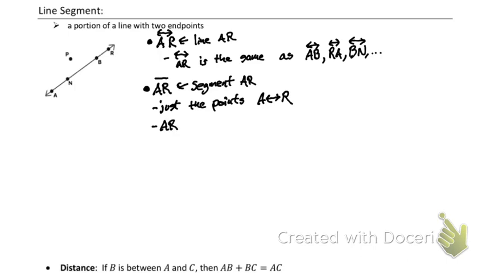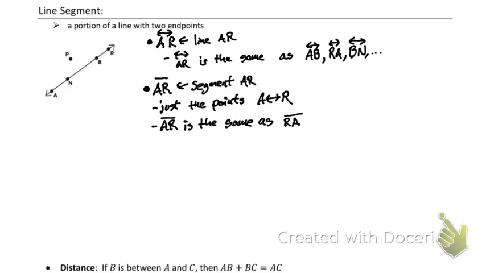So segment AR is the same thing as segment RA. It's still all the points between A and R or R and A. It doesn't matter which direction you do it, it's still the distance between those two points.